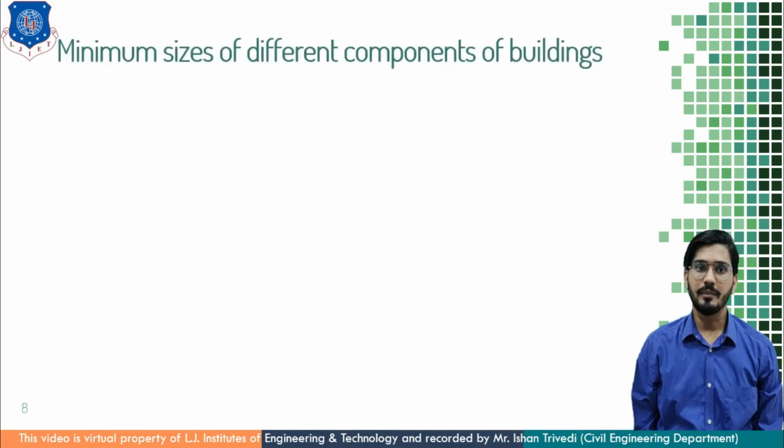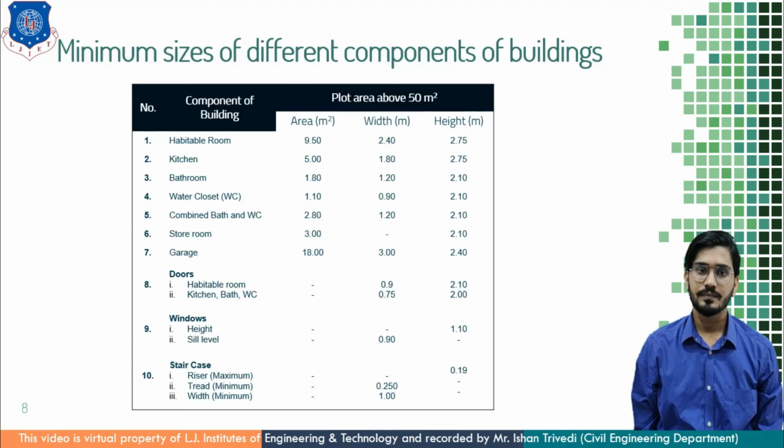Next is the minimum size of different components of a building. Here the list of various components of a residential building is given, along with the area in square meters, the minimum width required and the minimum height. All of this is applicable when the plot area is more than 50 square meters.